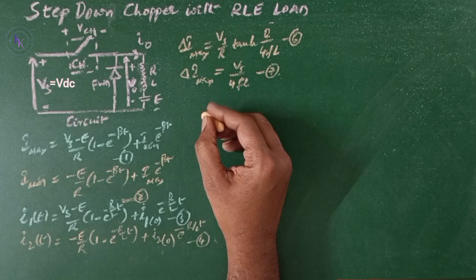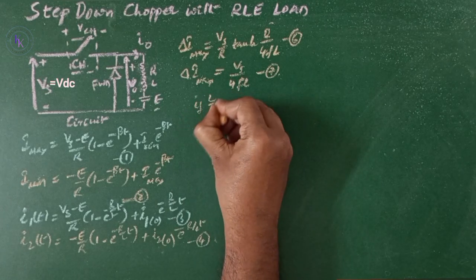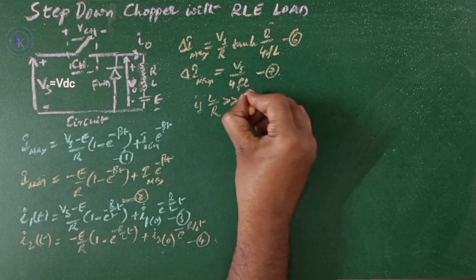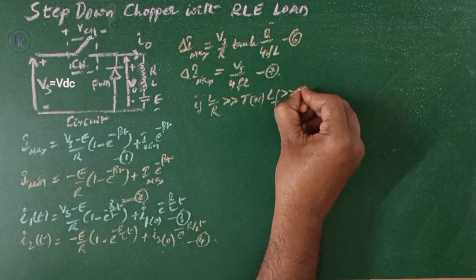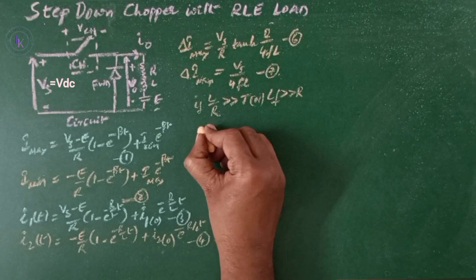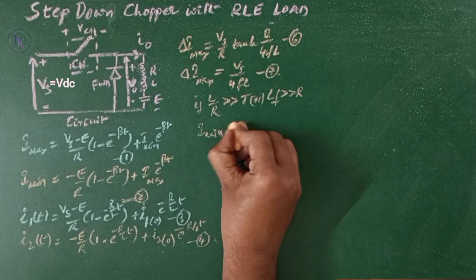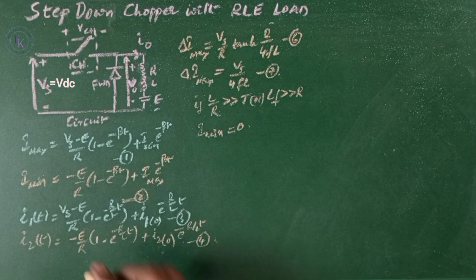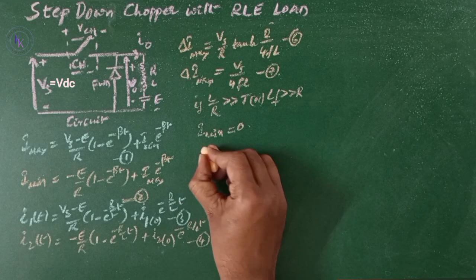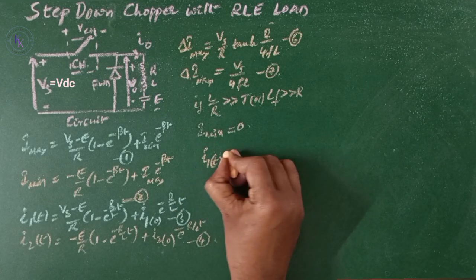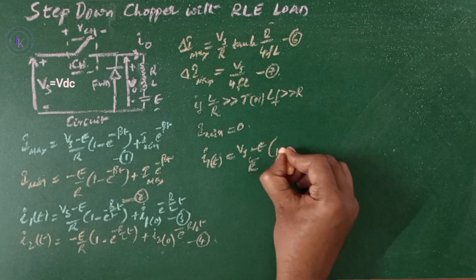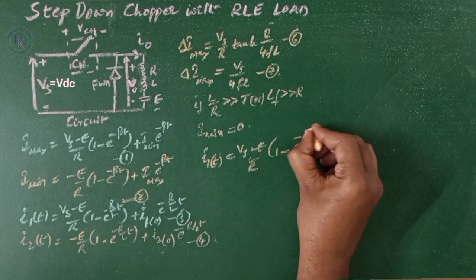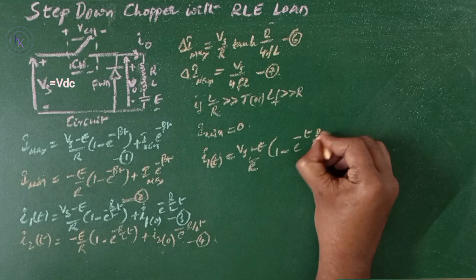The load current would be continuous if L/R is greater than T or LF greater than R. In case of discontinuous current, I minimum equals 0, then equation 3 becomes I1(t) = (Vs − E)/R of (1 − e^(−t beta)), where beta is R/L.